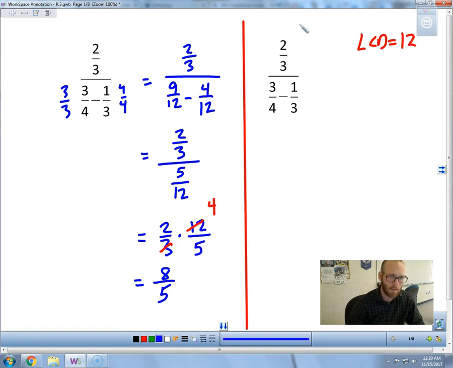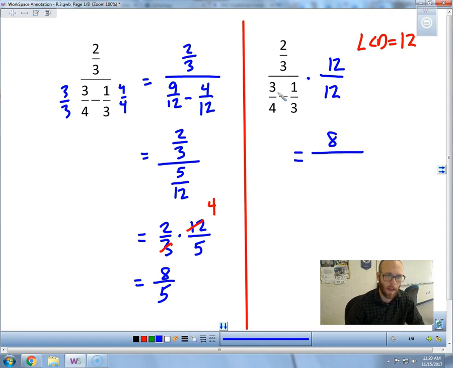So I'm going to take this entire complex fraction and multiply it by the LCD, 12 over 12. Let's see what happens here. In the numerator, I have 2/3 times 12. What's 2/3 times 12? 8. Over.